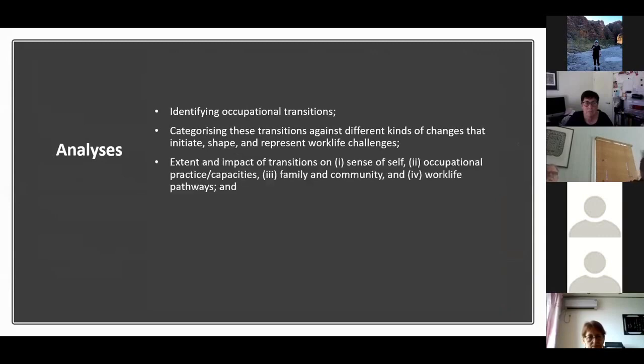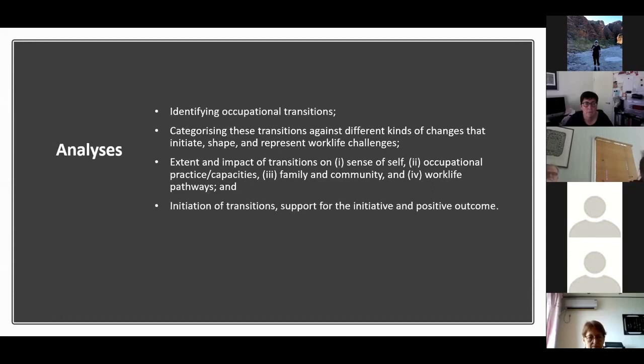We also looked at the extended impact of those transitions on sense of self, occupational practice, family and community, and work-life pathways on three levels: high, medium and low.